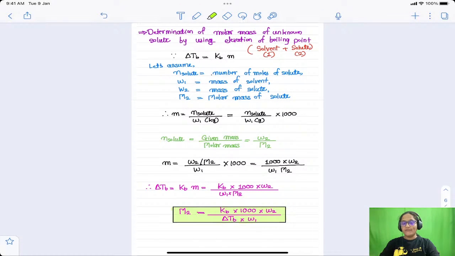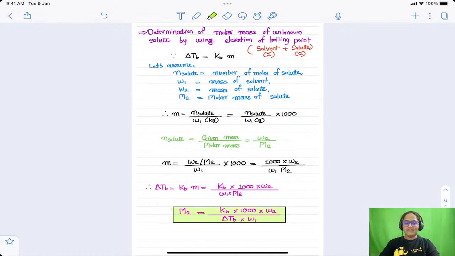How can we find M2? First of all, by using TB and TB naught we find delta TB, and we put delta TB in this equation: M2 is equal to Kb into 1000 into W2 divided by delta TB into W1. This is how we can solve questions based on this formula. So this formula is very important.